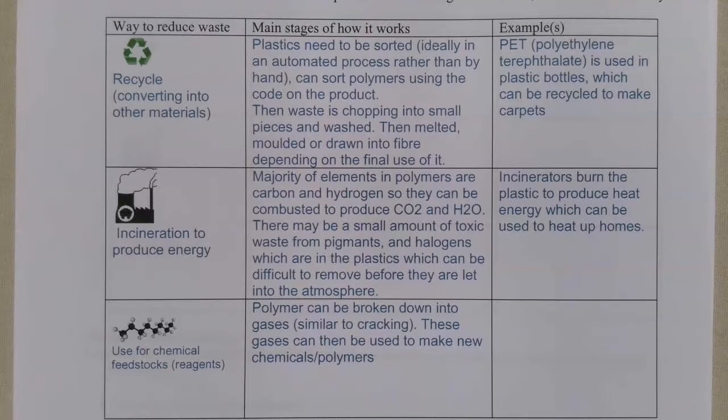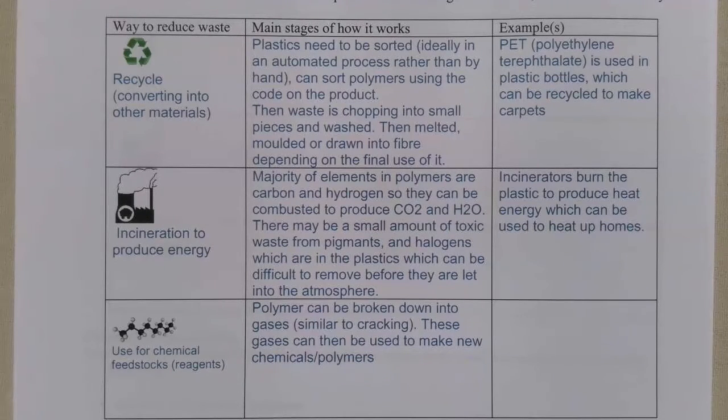You can convert the plastic into other materials, such as plastic bottles, which can be turned into carpets. The plastics do need to be sorted, and only some sorts of plastics can actually be recycled. The other thing you can do with plastics is you can simply burn them. You can incinerate them to produce energy.